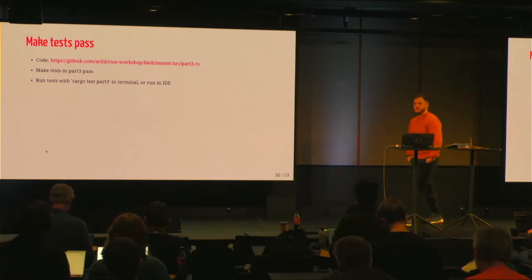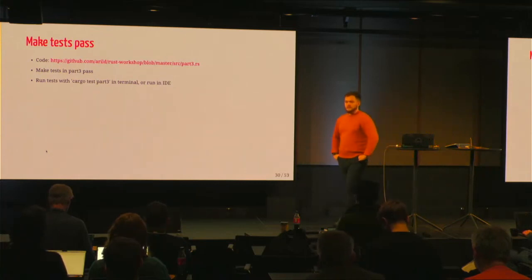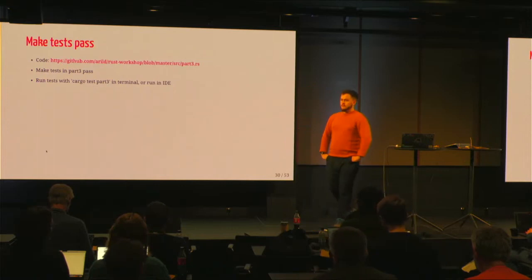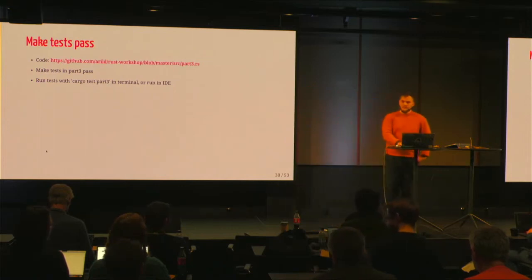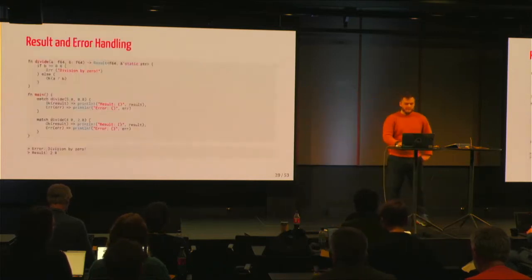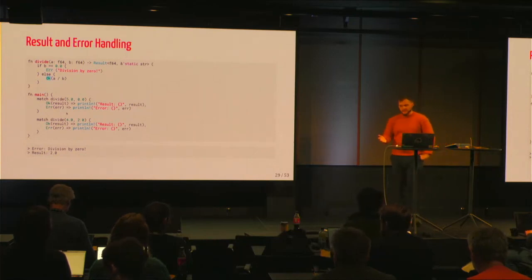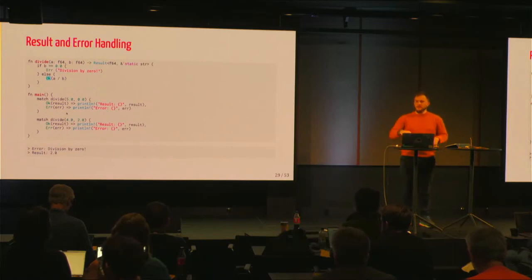Yeah? I wonder, are these green words, Err and Ok and None and Some, a kind of reserved word? So the question is, are Err, Ok, None and Some reserved words? Yes, so you can write them in a string, but not use them as a value otherwise.